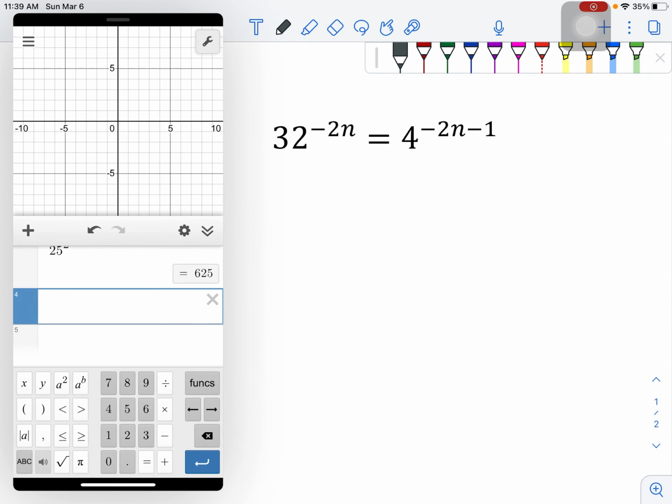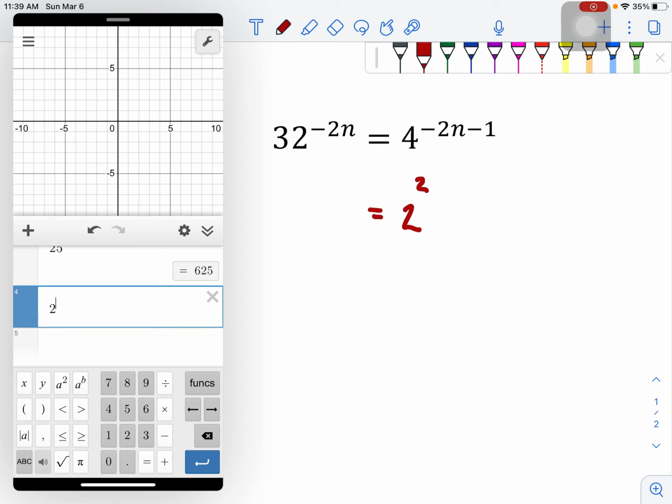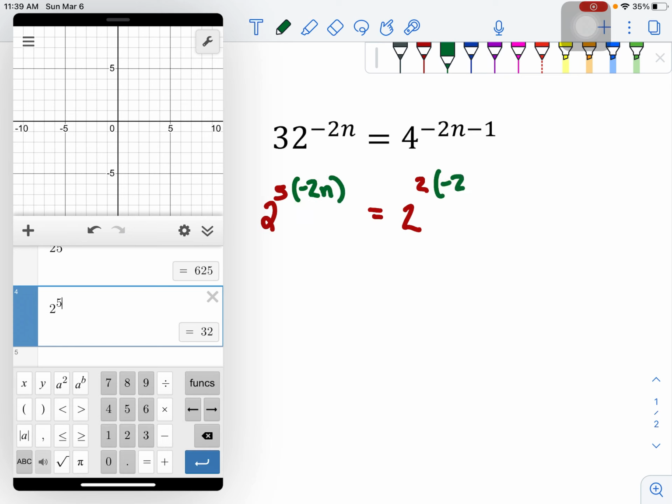Well, I know that 4 is 2 squared. Isn't 2 to the 5th 32? So I can do this. And then I just have to keep my original exponents. And now the bases are the same.